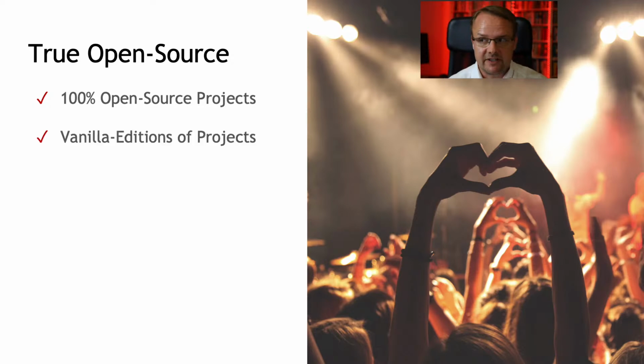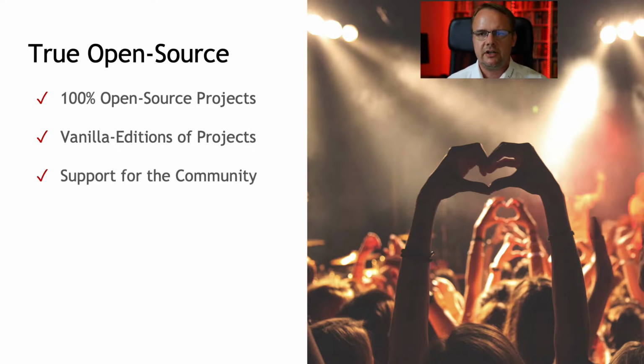And the name VanillaStack is basically coming from exactly that fact. We are using the vanilla versions of Kubernetes. We are using the vanilla versions of OpenStack. We are using the vanilla versions of KubeVirt. We are using the vanilla versions of Cloud Foundry and any other product that is part of the stack. And since we utilize those community projects so much, we give back.